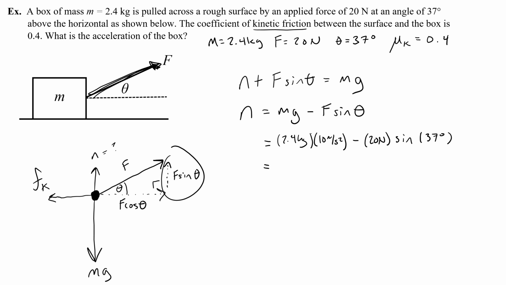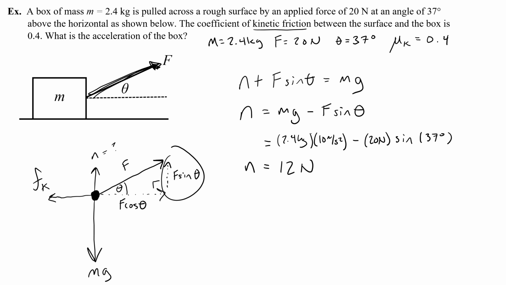Okay, so that's 24, right? 2.4 times 10 is 24 minus 20 times sine of 37. Remember that your calculator has to be in degree mode when you're using degrees. Okay, so this is actually 12. This ends up being 12. It's actually 24 minus 12, or 12 newtons.